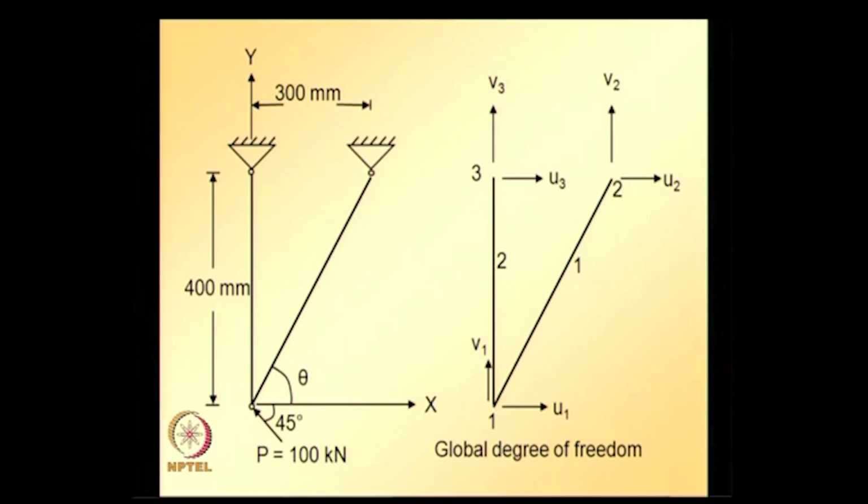Similarly at node 2 u2 v2, and at node 3 u3 v3. So looking at the element connectivity, for element 1, local node 1 is global node 1, local node 2 is global node 2. For element 2, local node 1 is global node 1, local node 2 is global node 3.